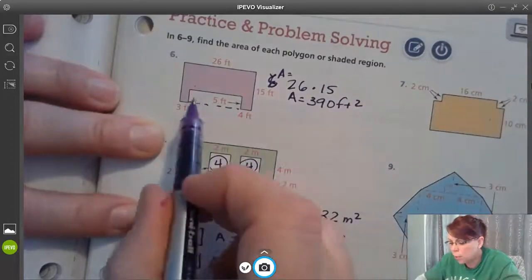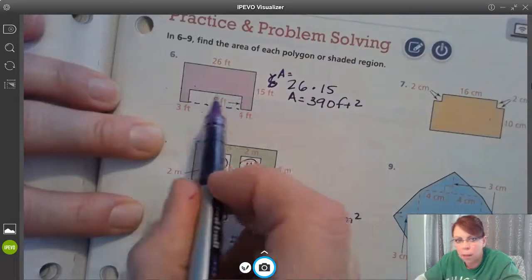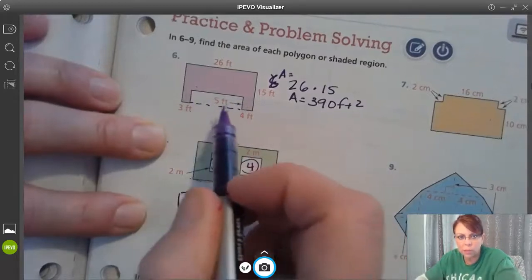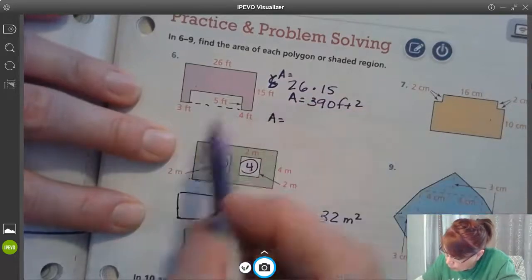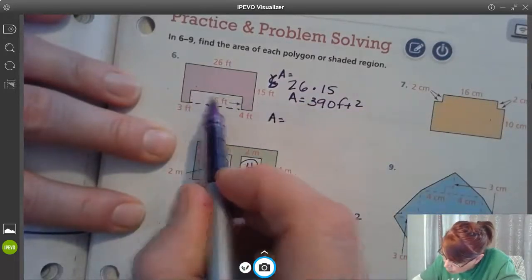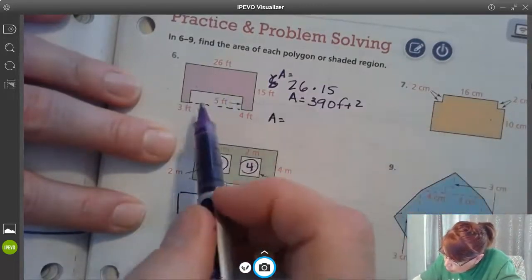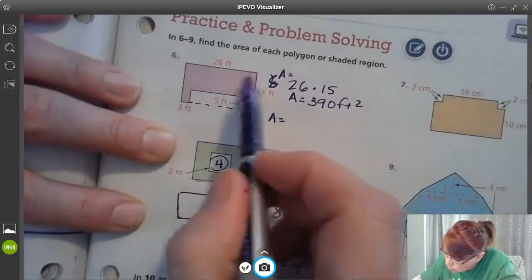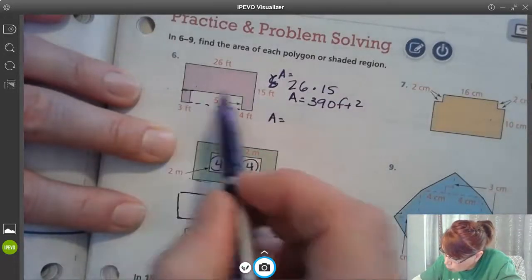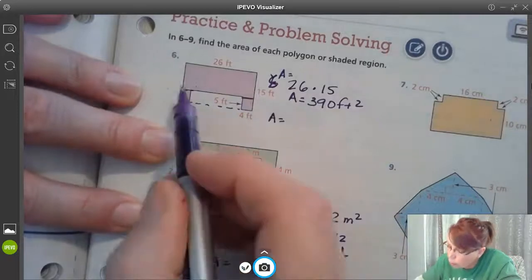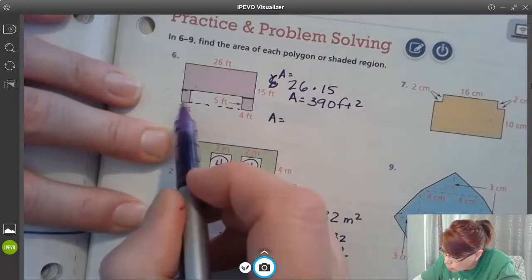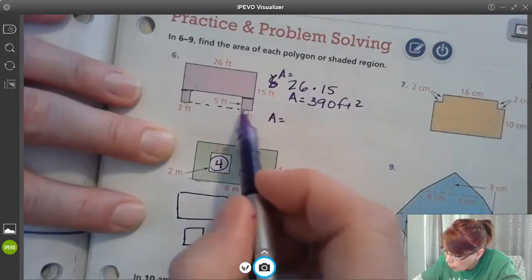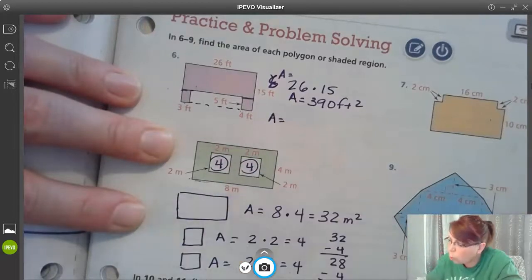And now I'm just going to subtract the white rectangle that should have been the cutout area. So to find that one, 26 is the length of this whole piece. But we don't need this whole length of 26. We're going to subtract this little section, which is 3, and this little section, which is 4.